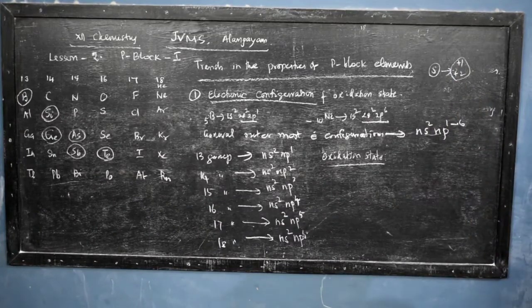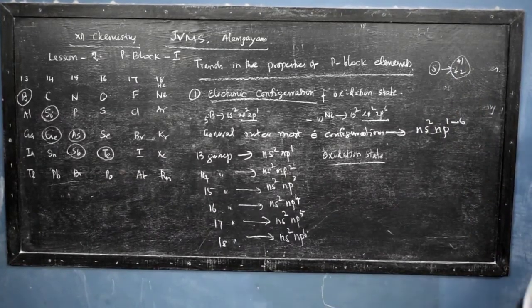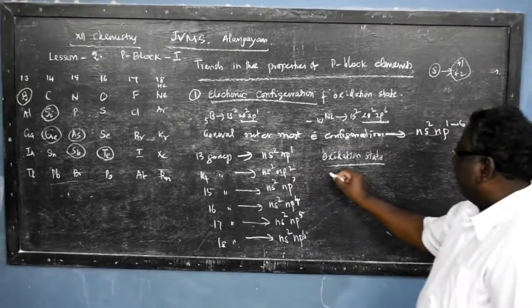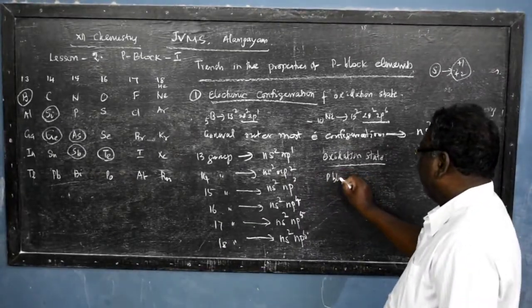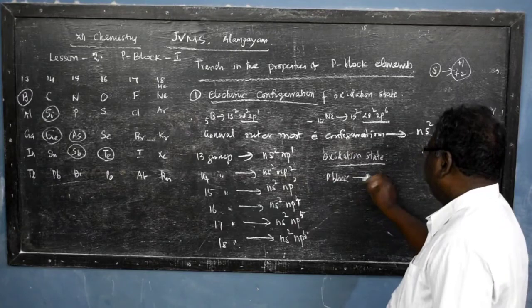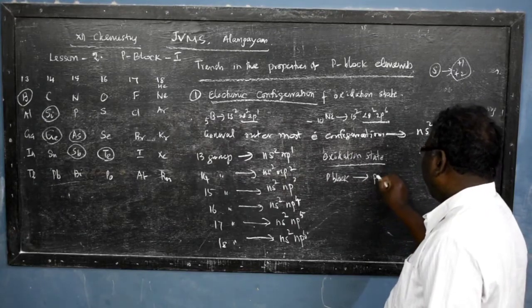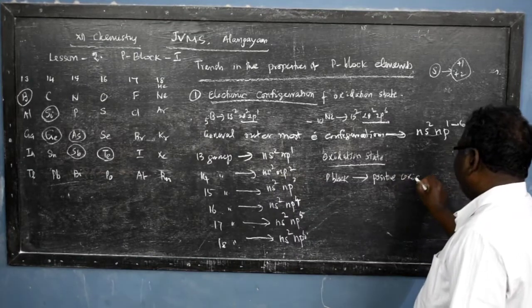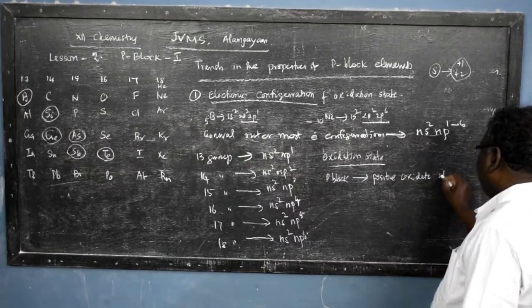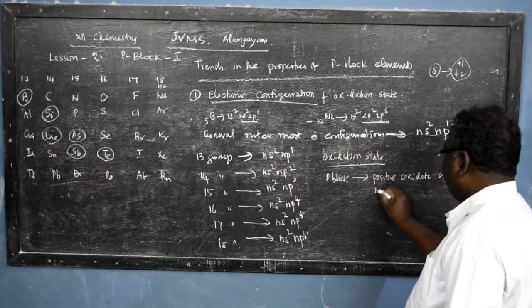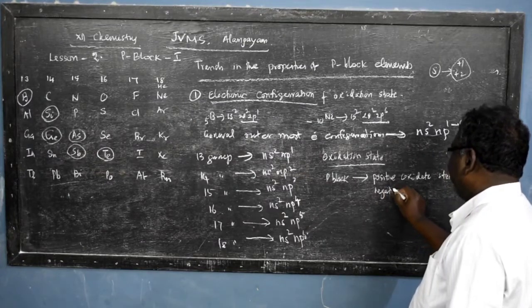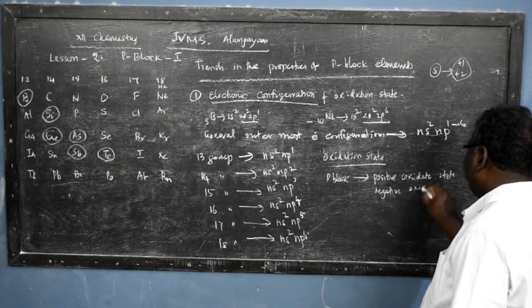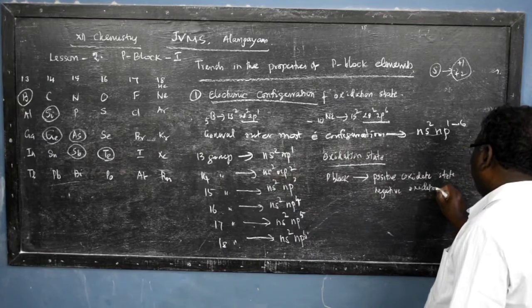That's what we studied in the +1 book. So here, the p block elements will have positive oxidation state and also negative oxidation state. They will have both.